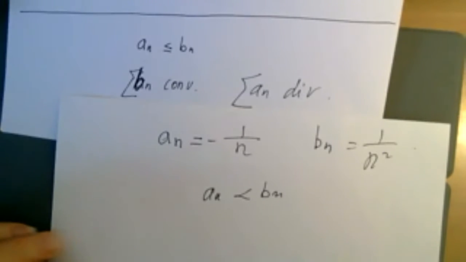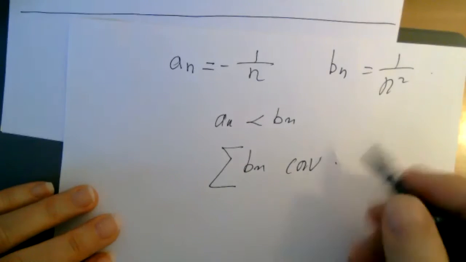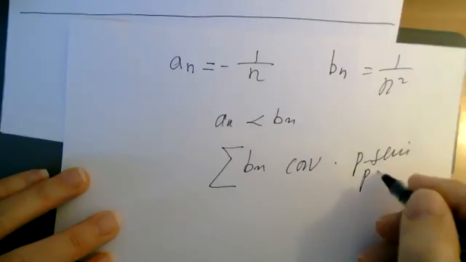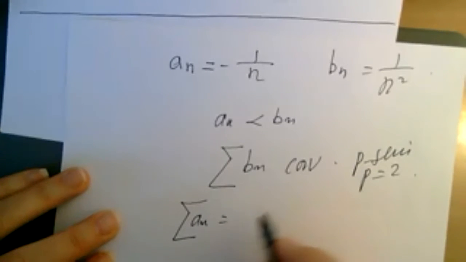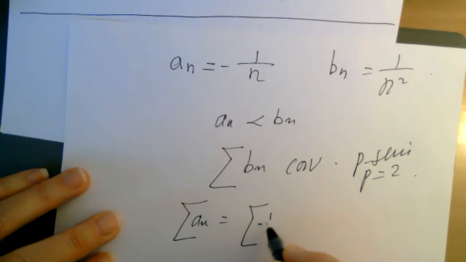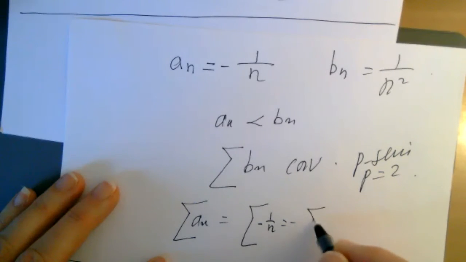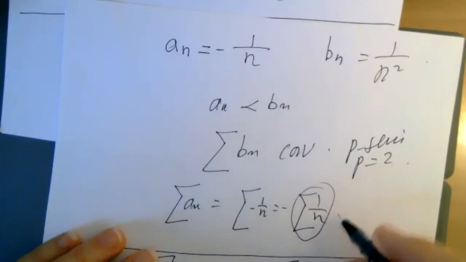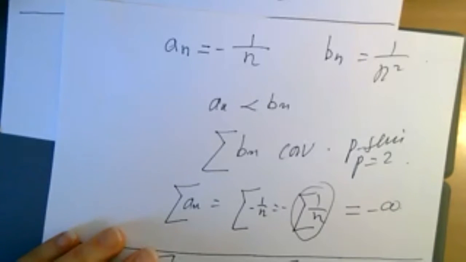Sigma b_n converges because it's a p-series, p = 2. But sigma a_n is actually sigma -1/n. Last time we saw the minus is a constant, so we can pull it out. We know that sigma 1/n diverges, so this is equal to -∞, it diverges.